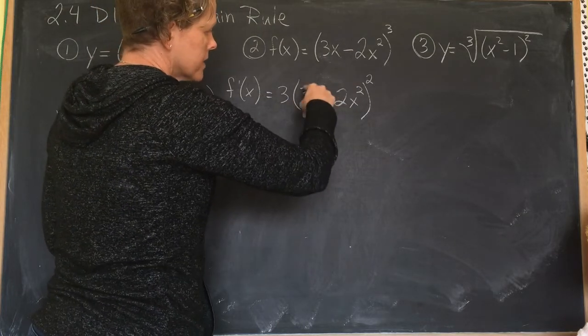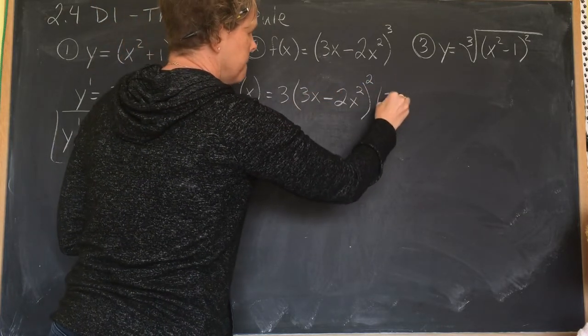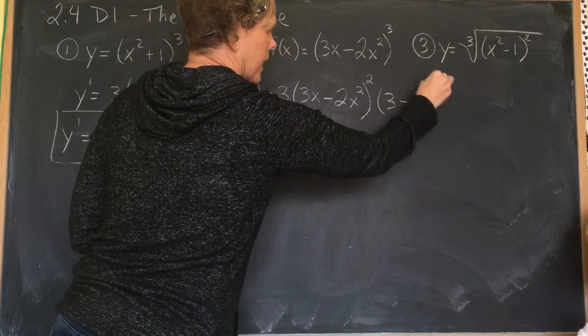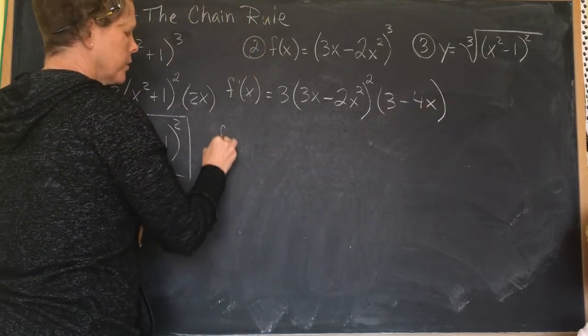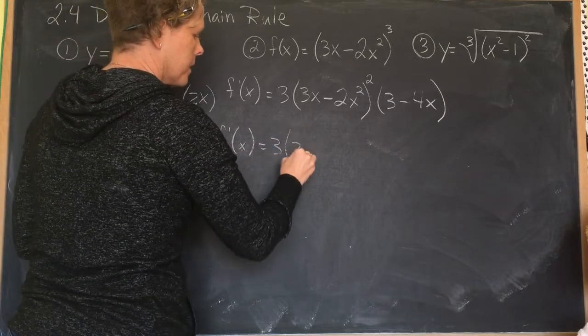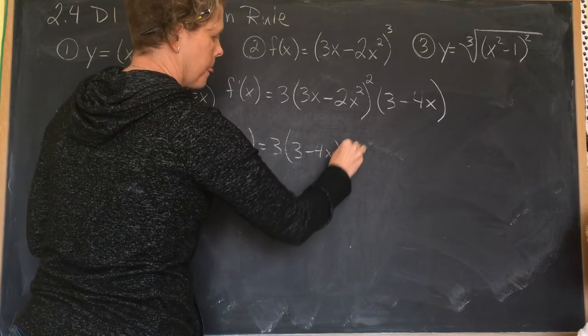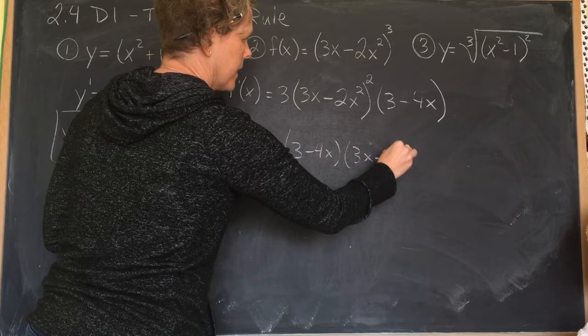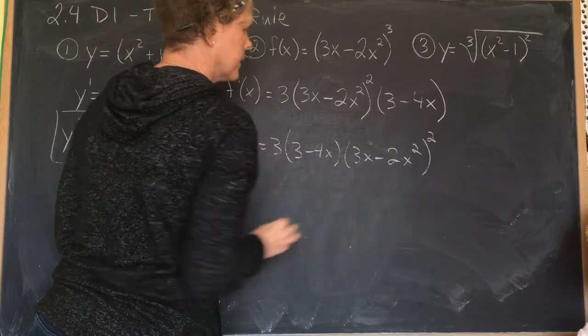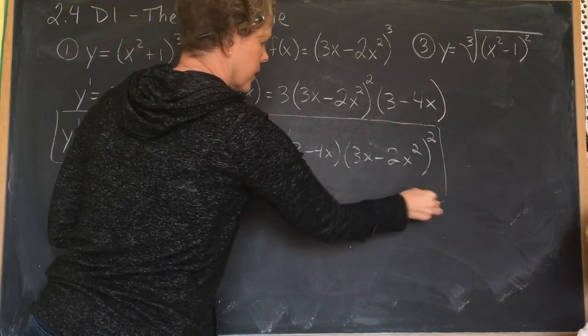Well, the derivative of this inside is 3 minus 4x. Now you could rewrite this to be 3 minus 4x, and then 3x minus 2x squared. So that is your answer.